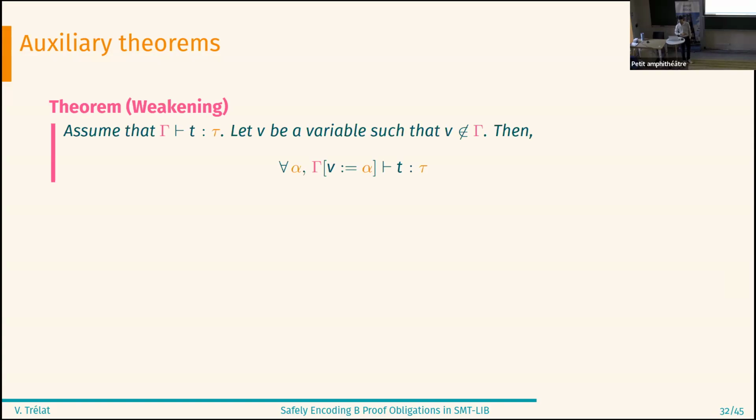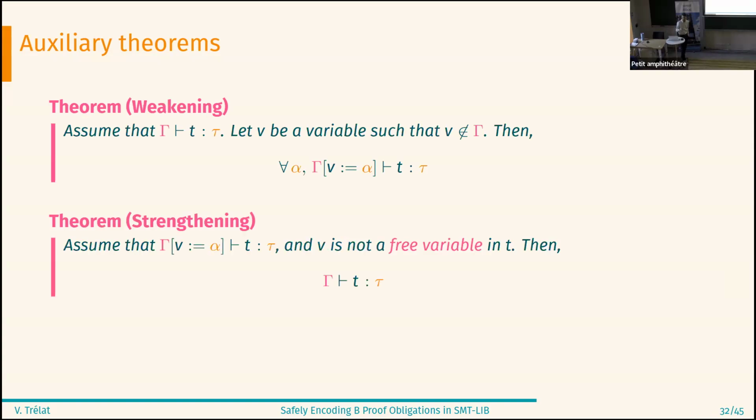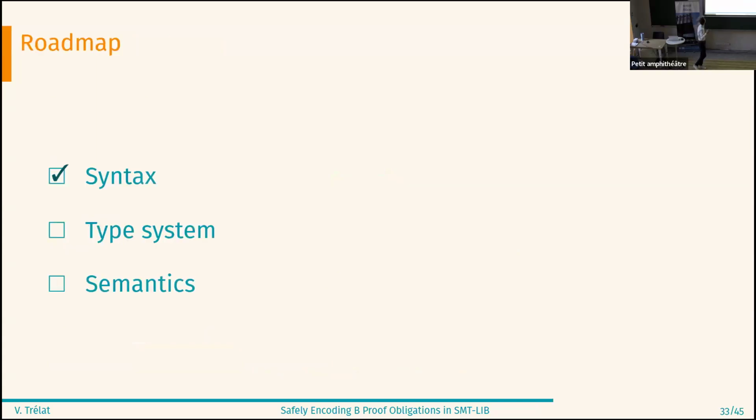On the contrary, we can remove variables that do not appear in a term and the term still types correctly. And the term has at most one type. So this is quite easy to prove actually in Lean. And this is the first thing I did when I defined the type system. Right, you can check the second box.